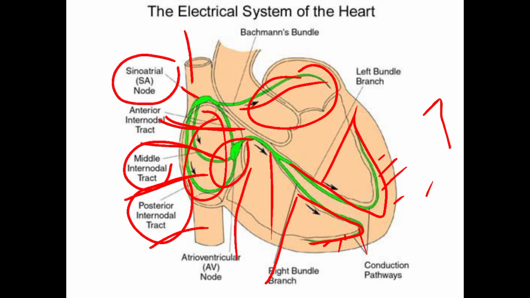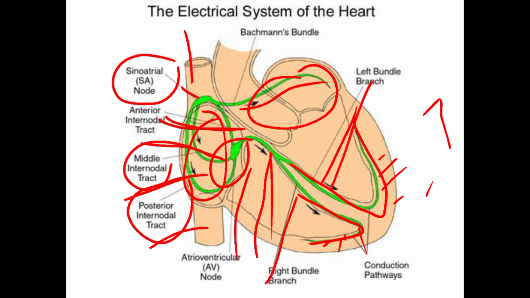After exciting the atrial muscle, the impulses go through the AV node. Next it goes to the bundle of His, which is divided into right bundle branch and left bundle branch.